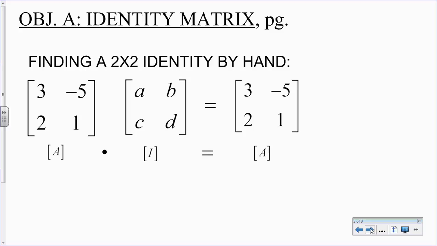Okay, so to work this out, I'm just going to multiply A times I. A is a 2 by 2 matrix. I is a 2 by 2 matrix. And so I know the result will also be a 2 by 2 matrix.